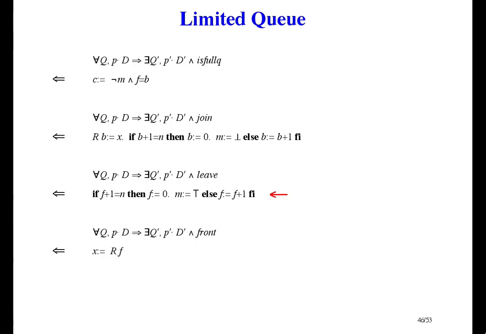Leave advances F in a circular fashion. And front just looks at the item in position F. In each case, it's a refinement, not an equality, because we keep being offered the opportunity to shift the items if we want to. But we don't.